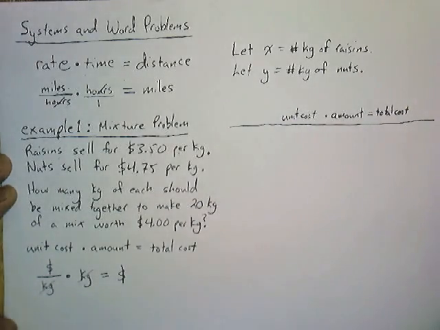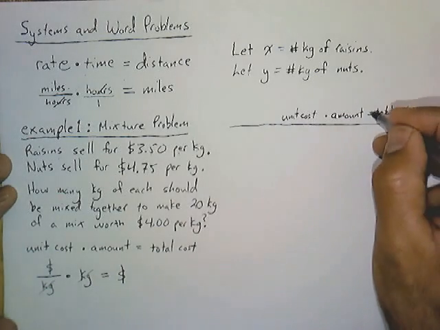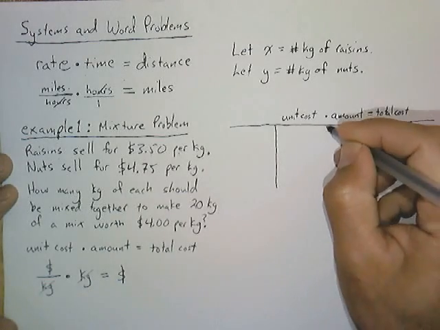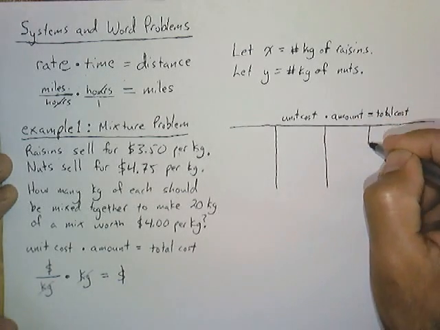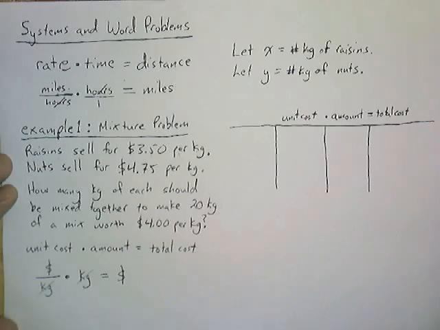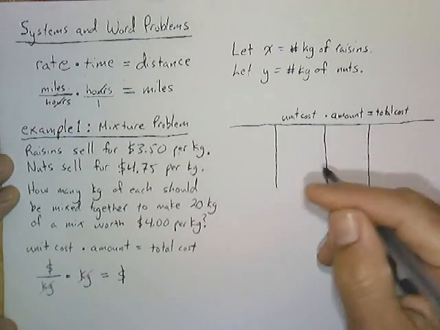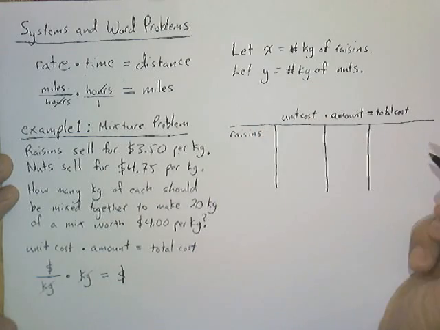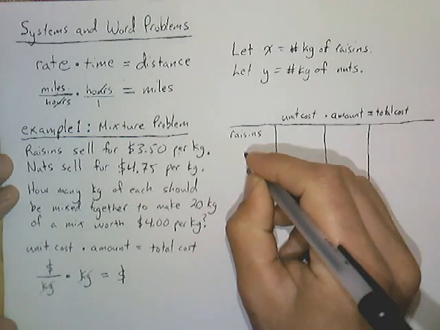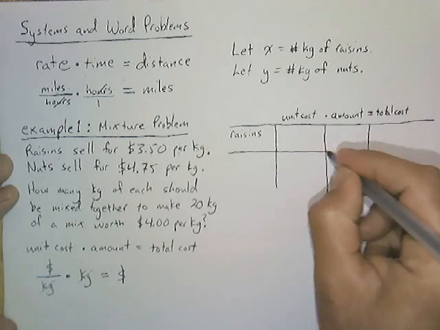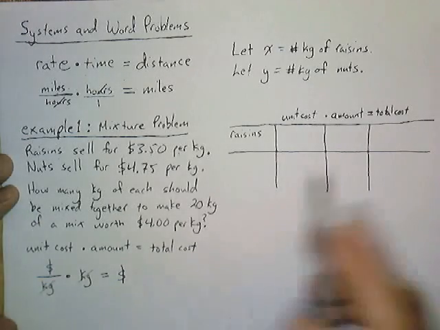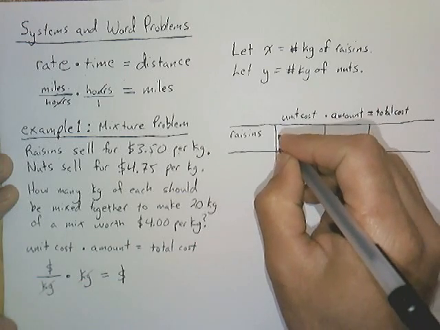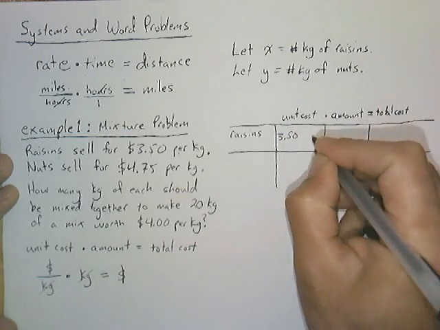I'm going to organize what we know and what we're looking for into a table here, just to keep everything nice and organized and accessible. So first, I'm going to deal with the raisins. And the unit cost for the raisins is, of course, back here at $3.50 per kilogram. So I'm going to write this as 3.50.